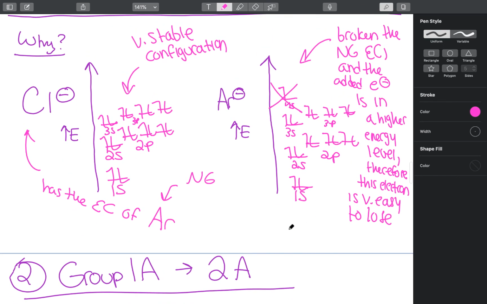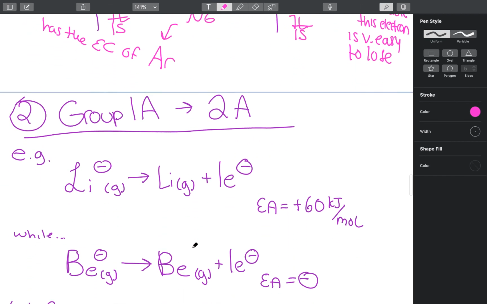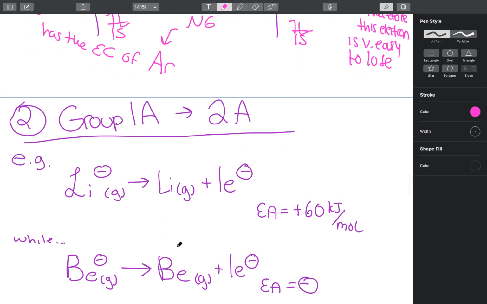So the second exception is actually seen with group 1A to group 2A. And remember that group 1A is the alkali metals and group 2A is the alkaline earth metals. In order to illustrate this exception, I'm using lithium and beryllium. The electron affinity associated with lithium is plus 60 kilojoules per mole, while the electron affinity associated with beryllium is negative.